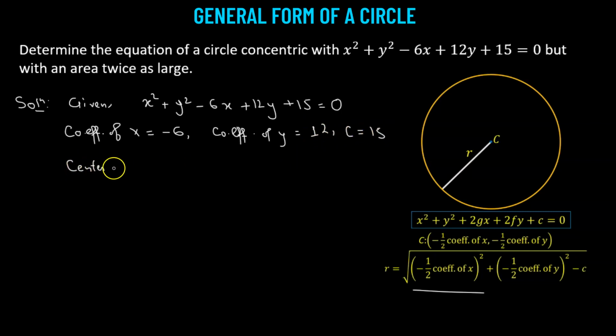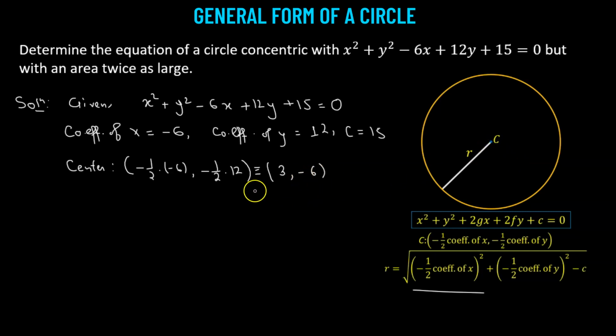The center of a circle is going to be negative half times the coefficient of x, so that's negative 6, and then the y coordinate will be negative half times the coefficient of y, so that's positive 12. Let's calculate this. This comes out to be 3 comma negative 6. So this is going to be the center of the circle.